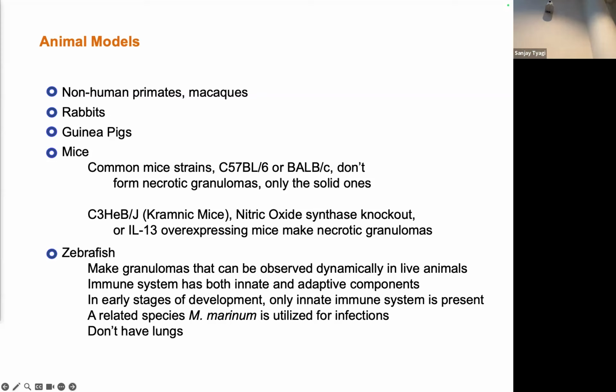What is special about zebrafish is that embryologically, the innate immune system is the first one to arrive, and the adaptive one appears late in life. So you can make granulomas with just the innate system and ask how the adaptive immune system interfaces with it. But it uses a different strain of TB, and of course, fish don't have lungs.